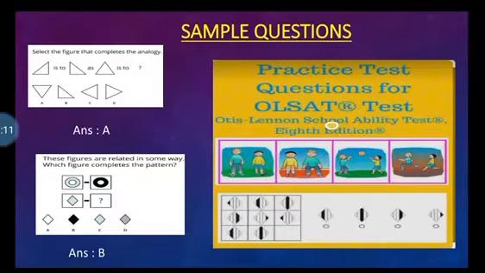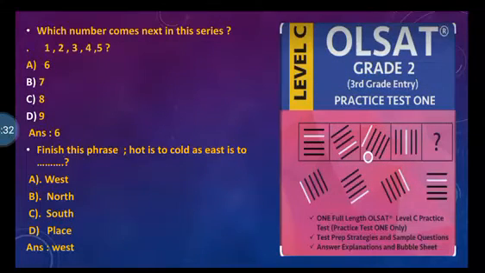Select the figure that completes the analogy. The answer is A. Then the second figure, the answer is black diamond, that is B. Okay, then moving on to another sample question.